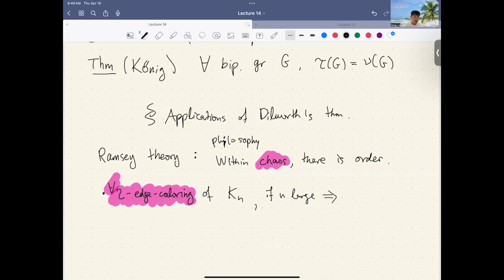Now, if n is large, we can always find order, and the order is a monochromatic clique, a clique in which every edge is colored the same color. We have a large monochromatic clique. Here, large is of order of magnitude log n.